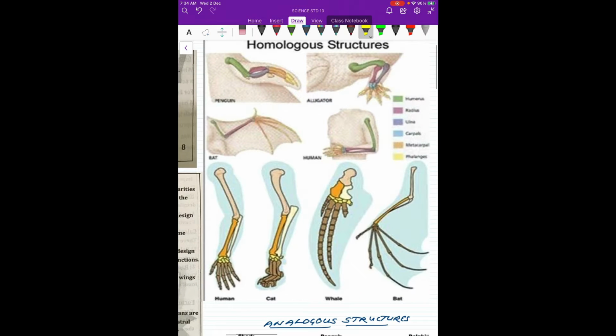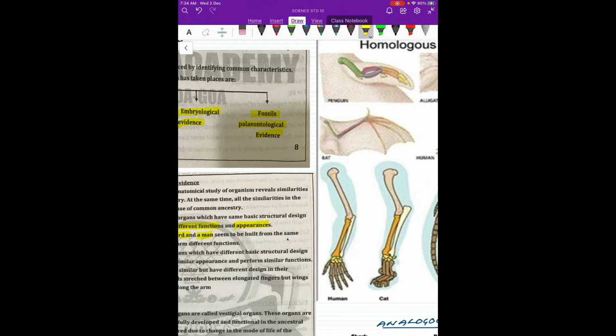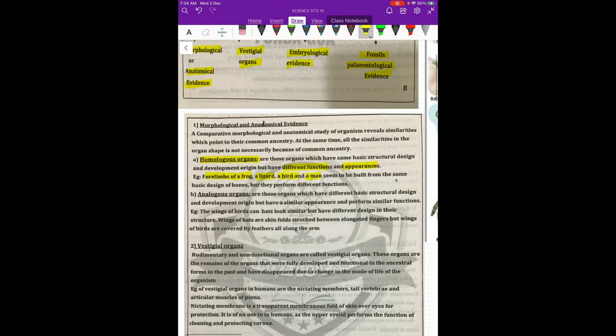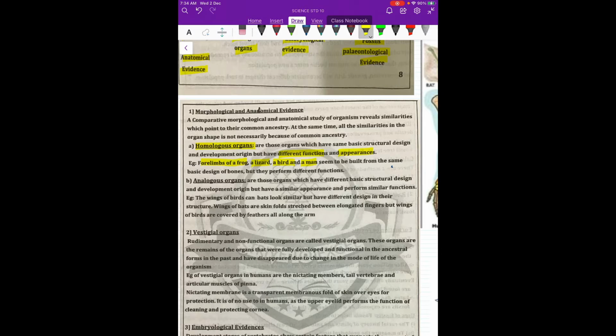These organs seem to have developed from the same things, but they have different functions and different appearances. Cat is using its forelimbs for a different purpose, humans are using the forelimbs for a different purpose, and all that. Then comes the second, called the analogous organs.